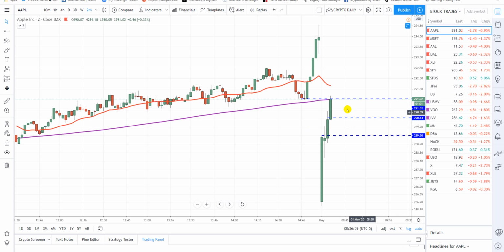Got a minute left, so if you want to hang around one more minute, we'll see if that 200 is support or resistance. If we close above it, could be support for us, or if we duck under it. About 40 seconds left.